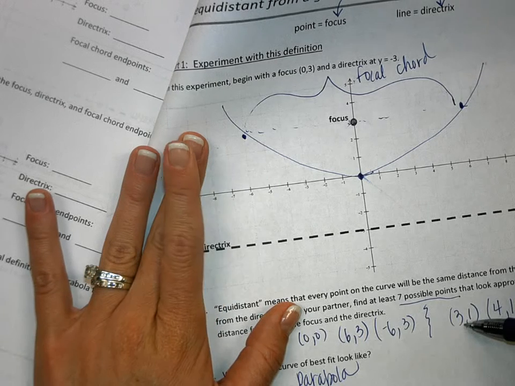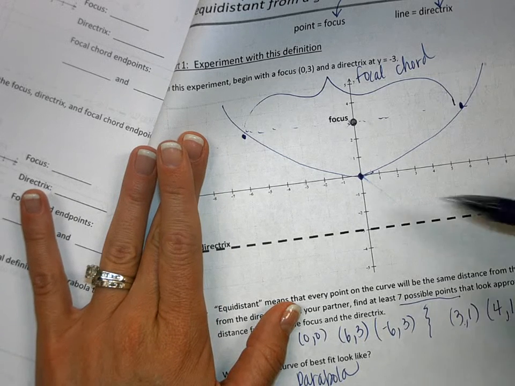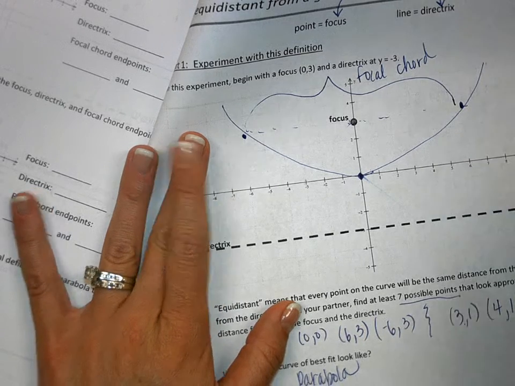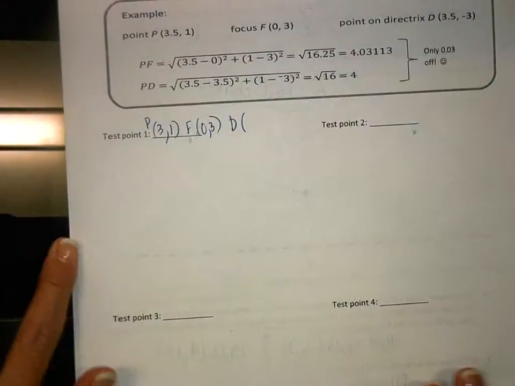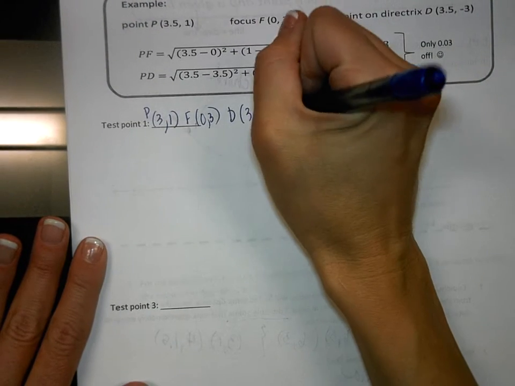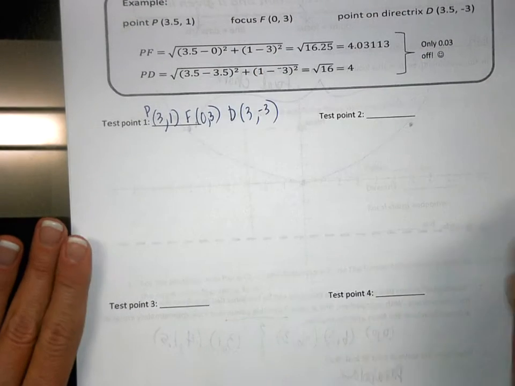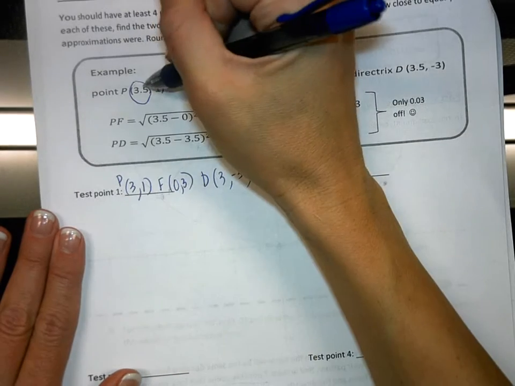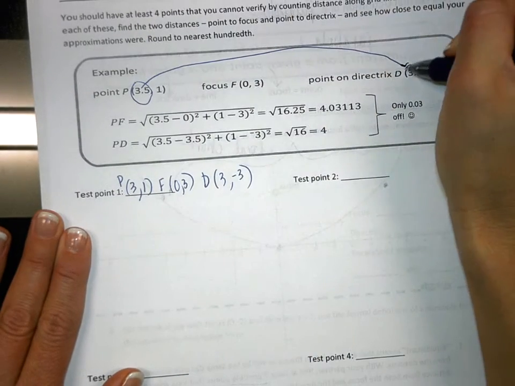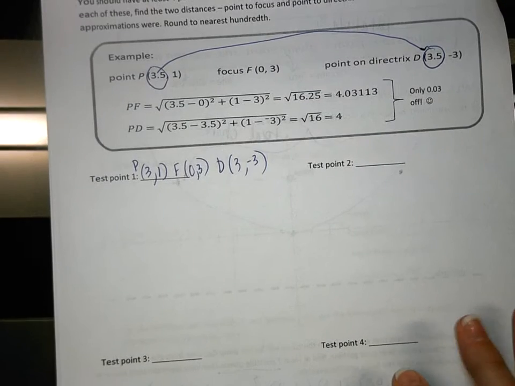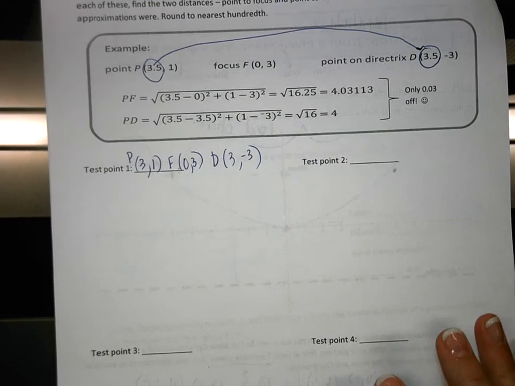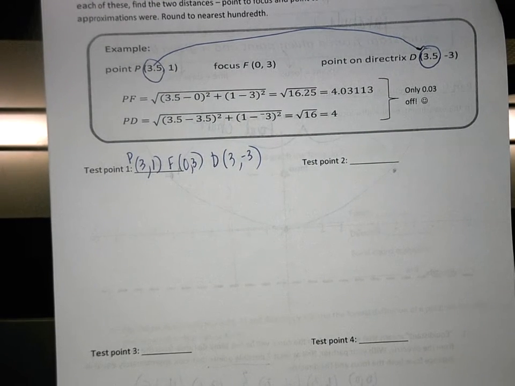And so the directrix is going to be at 3, -3. Is everybody okay with that? So we're just taking 1 point on the directrix, but we're going to keep the same value. So whatever point you have for your P, we're going to use that same point on the directrix, because the directrix is actually a line, right? So we can choose any of the points that are on that line.